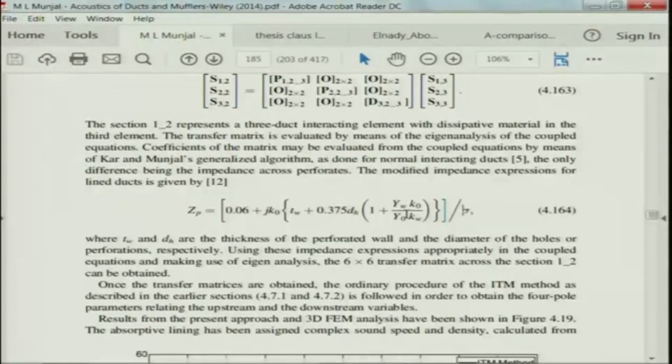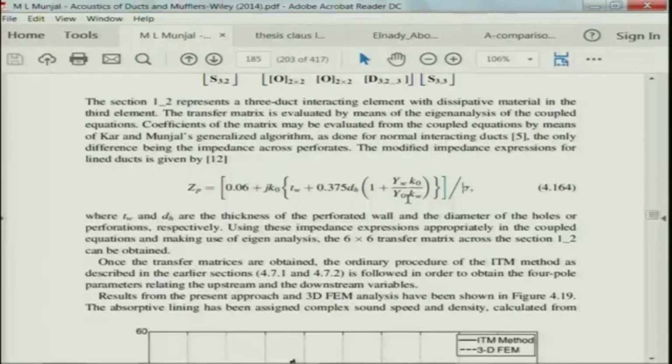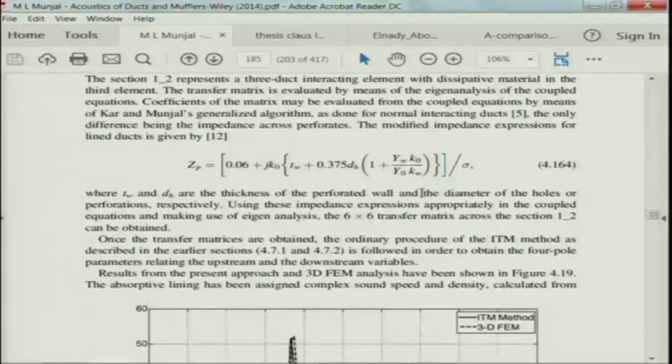So, when YW and KW are equal to Y0 and K0 respectively, that is when the medium is air, this becomes 1. So, this is 2 and 0.375 becomes 0.75 dh. So, you basically get back the expression for a stationary medium, with zero mean flow and no dissipative material on the other side. On both sides of the perforate there is only air.